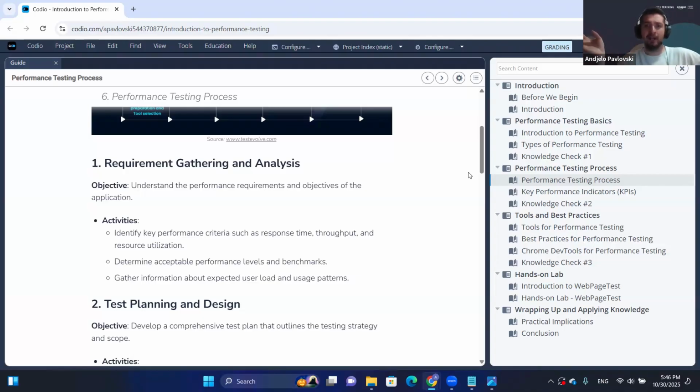Maybe you have a very heavy application with a lot of code, a lot of JavaScript, a lot of images, and a lot of connections to databases. I'm not going to go too much into detail. Let's say your application at a given period of time can handle about 50,000 users. So not all applications have the same threshold.